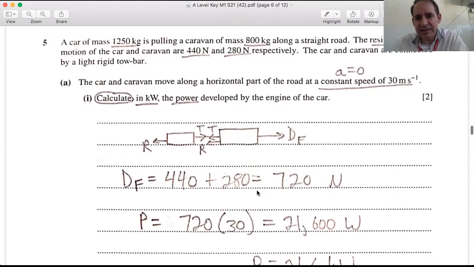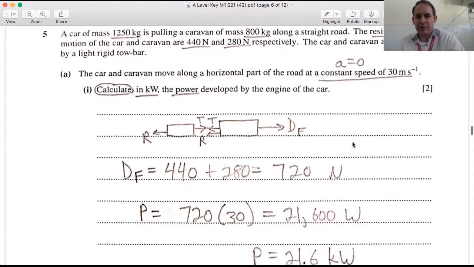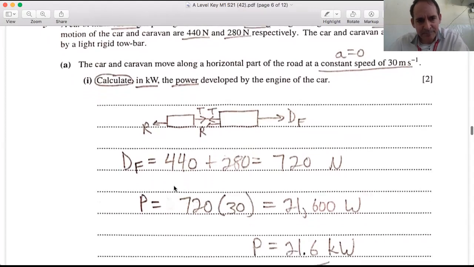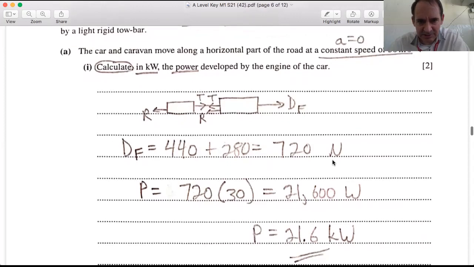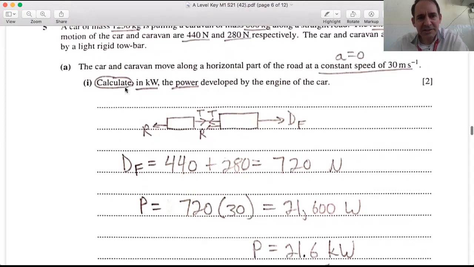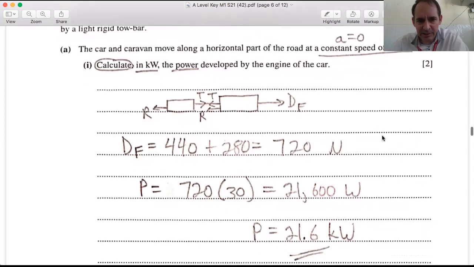Since this is in equilibrium because it's at a constant speed, there's no net force, so the driving force is equal to the sum of the resistances. The driving force equals 440 resistance on the car plus 280 resistance on the caravan, a driving force of 720 newtons. Now, the question says, calculate the power developed by the engine of the car.